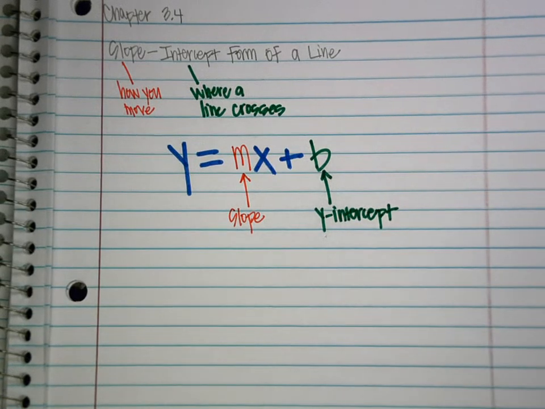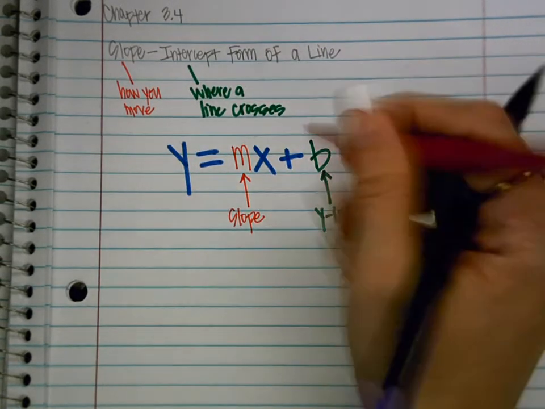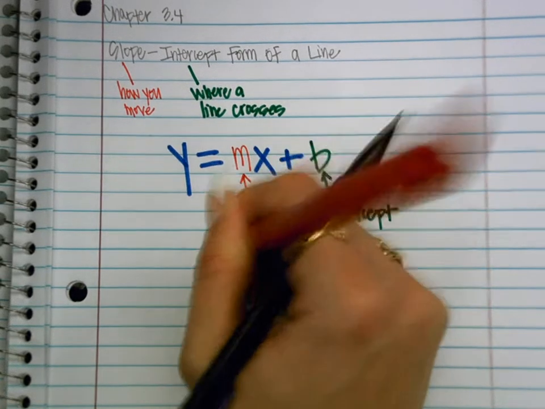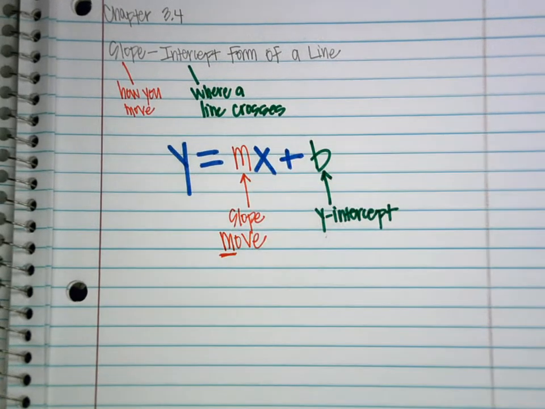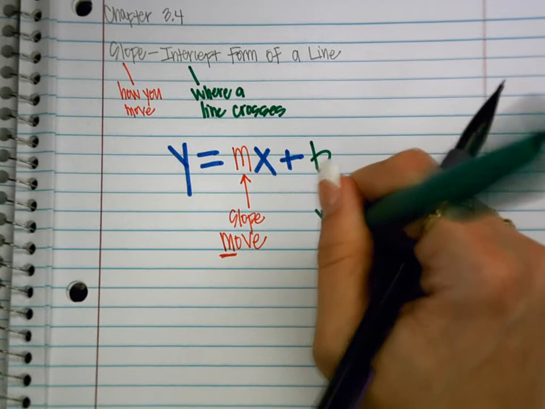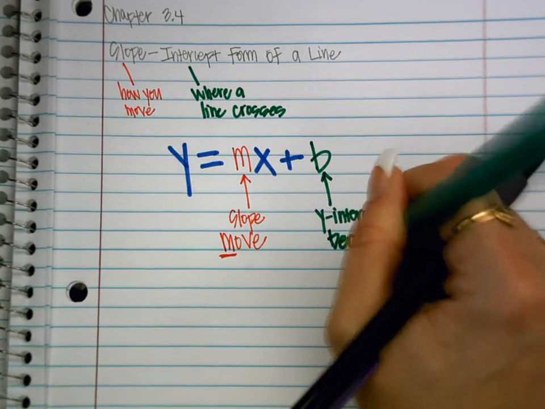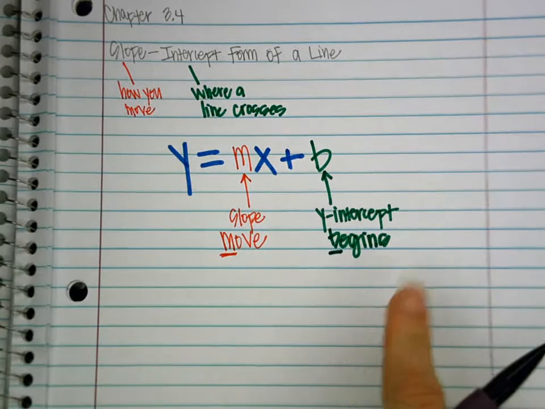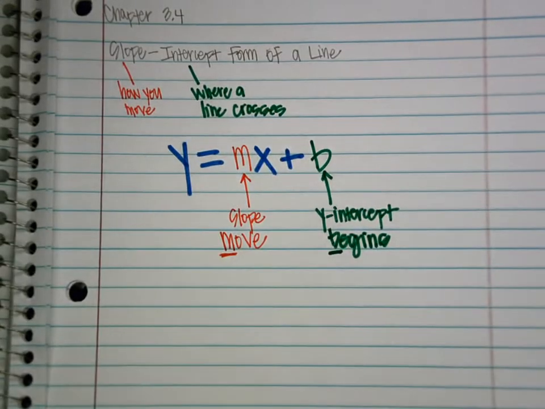But I think it's easier to think of slope as how you move, so the m stands for move. The y-intercept is where your graph begins. So move and begin are the two things you really want to remember.